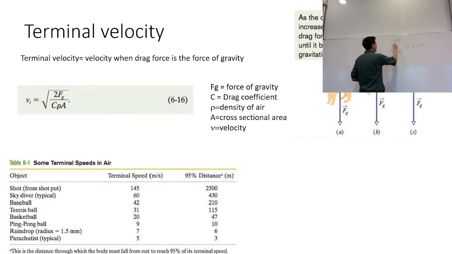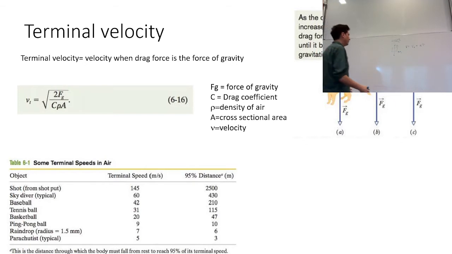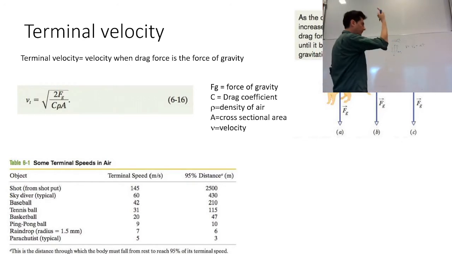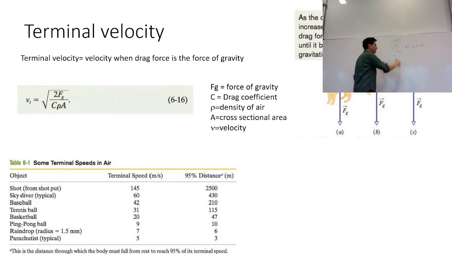But then we've got actually the drag force, which is acting in the opposite direction because this is falling through the air, it's got all this air resistance, and there'll be a force that's going up. And at some point, so at the beginning, this D will be small because this velocity is still not very large.